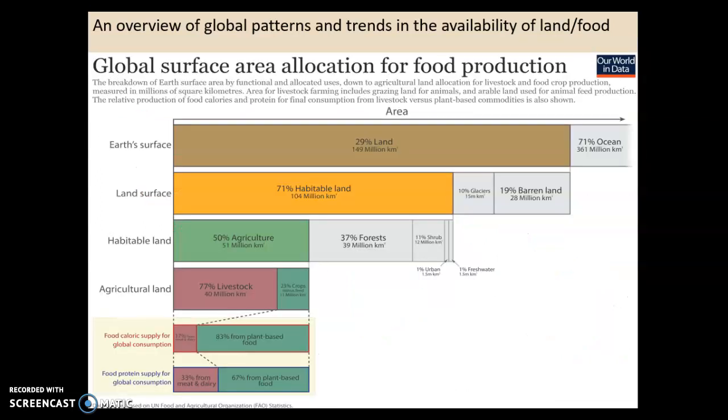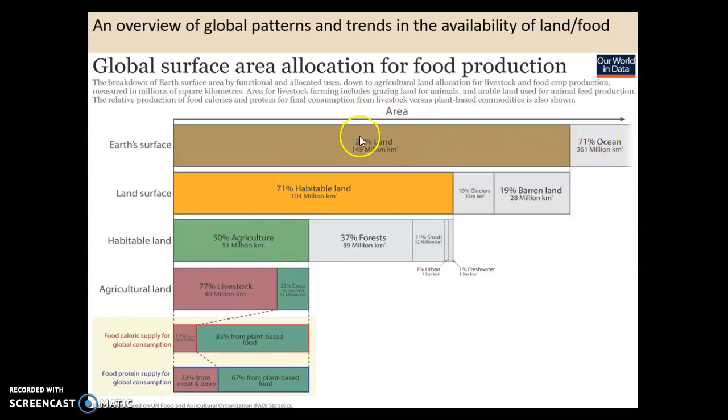So this graph here shows again how the land use is broken down. Really confusing. So the top line there is 100% of the Earth's surface. We know 7/10 of the Earth's surface is covered by ocean, so that's that 71% over here.